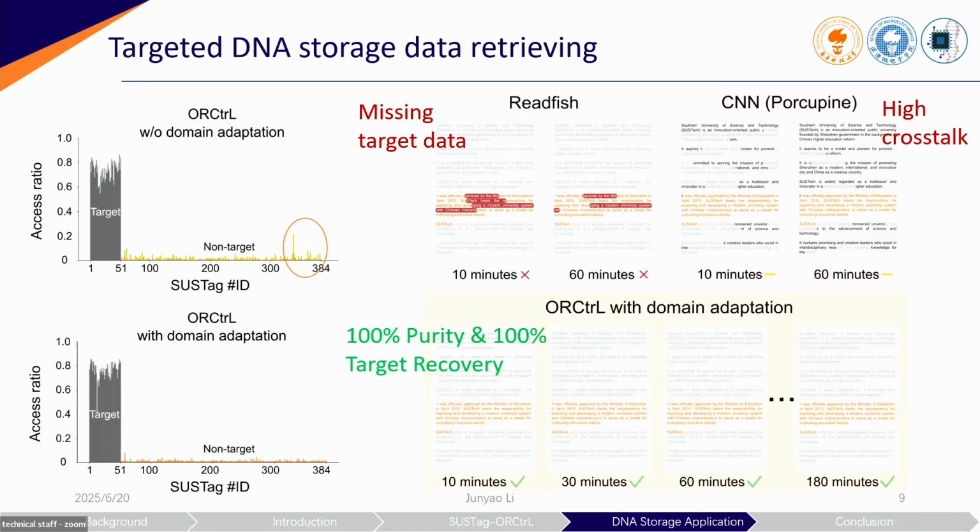Our target data is not totally retrieved. In the Porcupine pipeline, the target data is retrieved fully, but it suffers from very high crosstalk. You can see we pull out a lot of non-target data that we don't want.